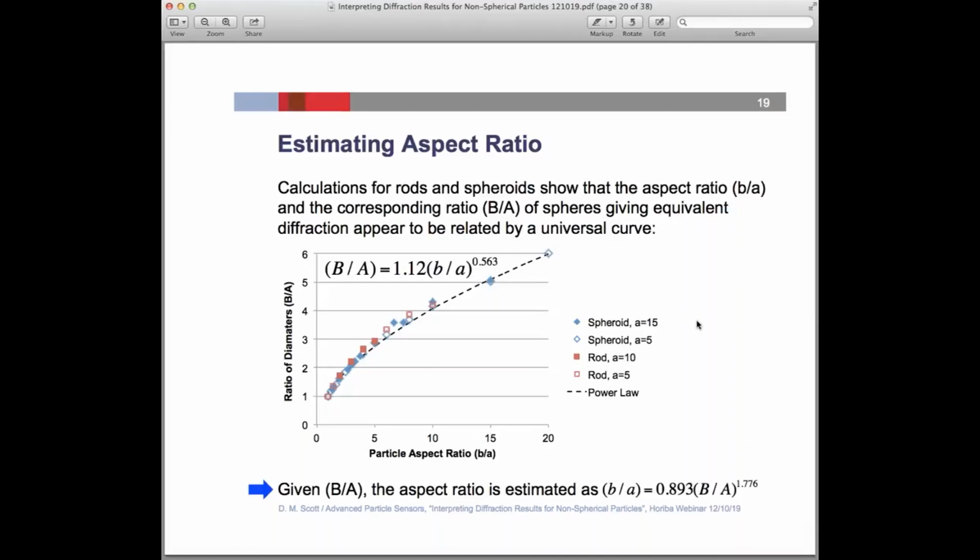So we can actually, and I'll show you an example in just a second in case I've lost people, get to the length of a rod, for instance, or we can measure the aspect ratio of a rod or a spheroid.